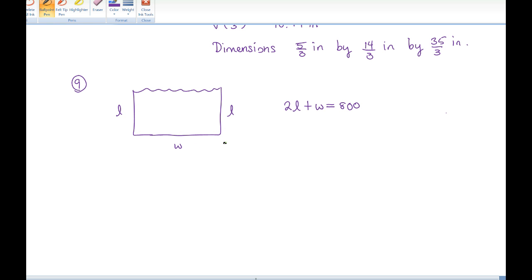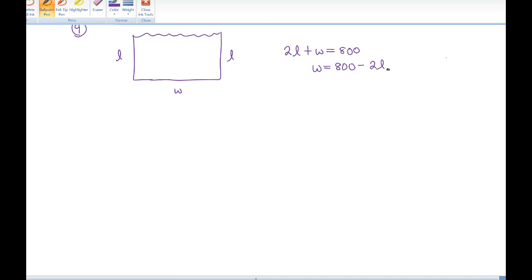Then I can solve for L or W. If I solve for W, we have 800 minus 2L. And if you don't like to work with L and W, you can change that all to X.